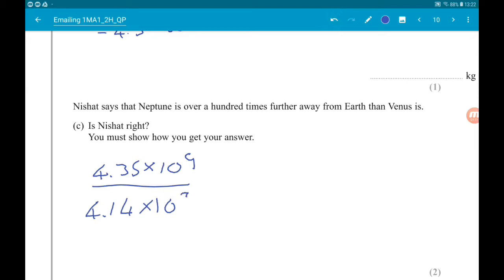And that gives us approximately 105. So Neptune is just over 105, it is over 100 times further away from Earth than Venus. Is Nishat correct? Yes. Cool.